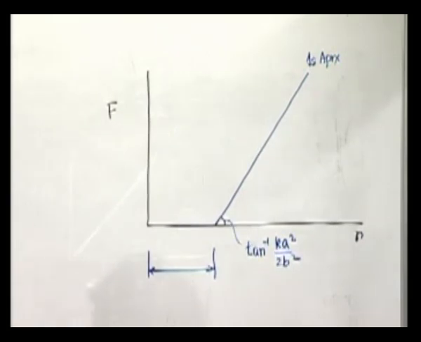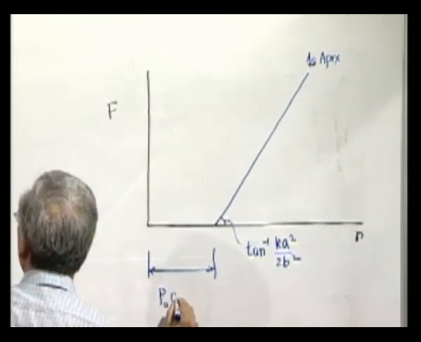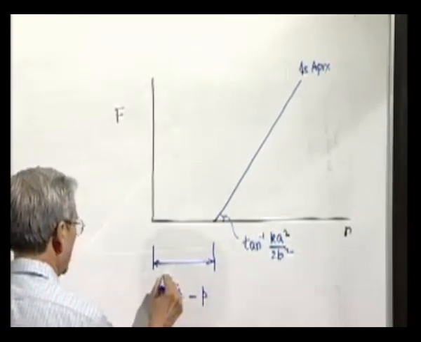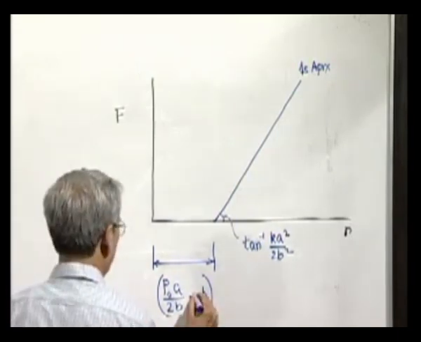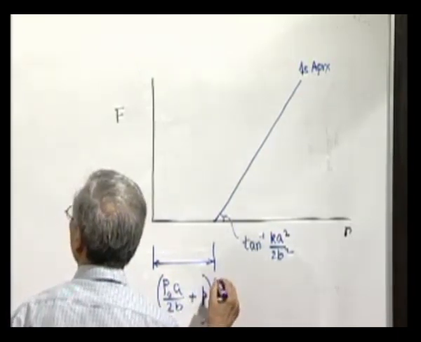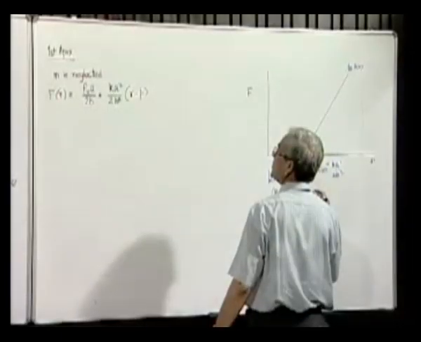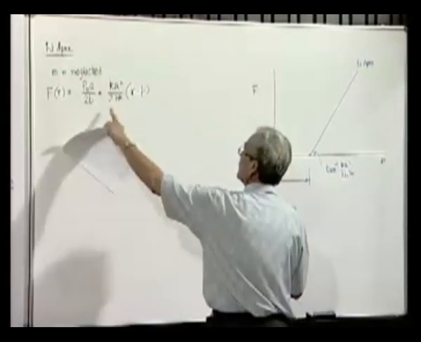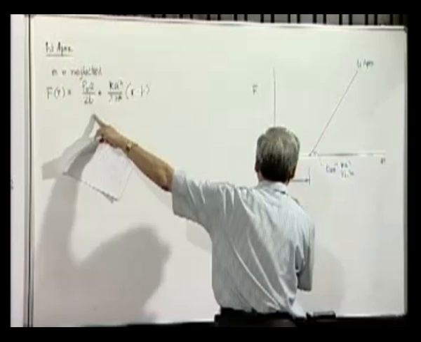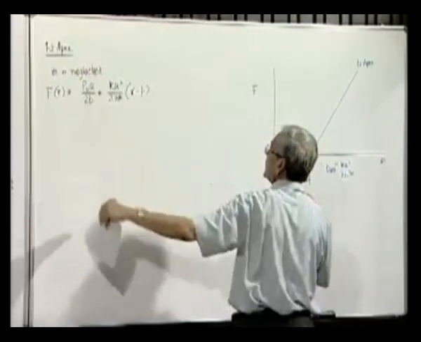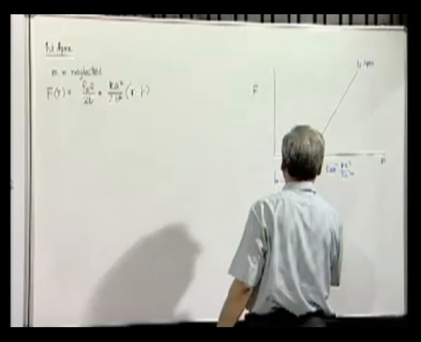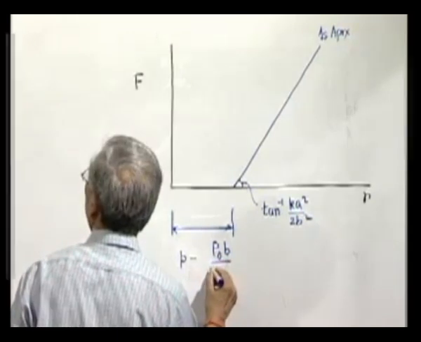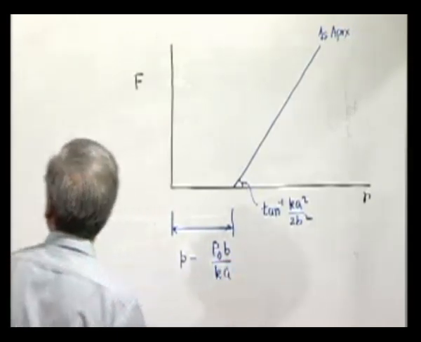R will be simply P0 a by 2b minus p, plus p, will be r minus P0 b by k a, something like this, I think.